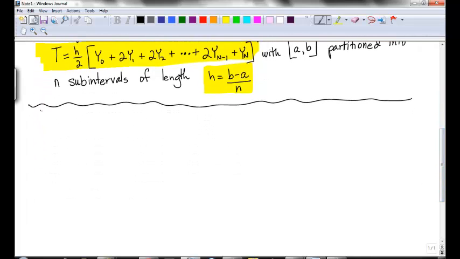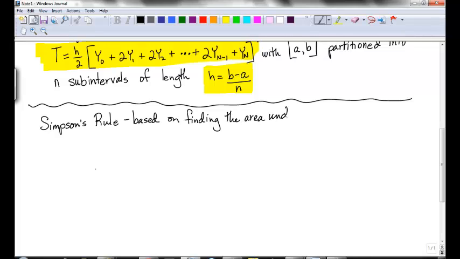So Simpson's rule, as they call it, is based on finding the area under a curve using parabolic arcs, parabolas. Oh my gosh, when are we ever going to use this stuff? Parabolas, yep.